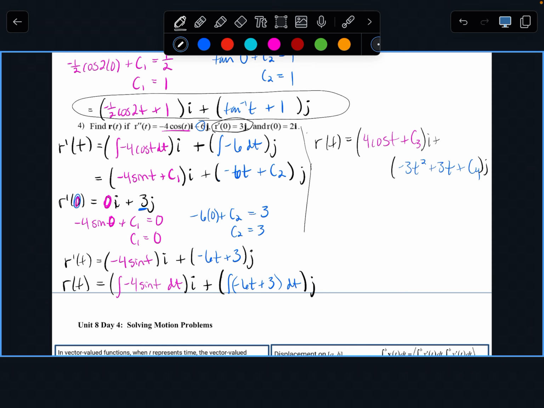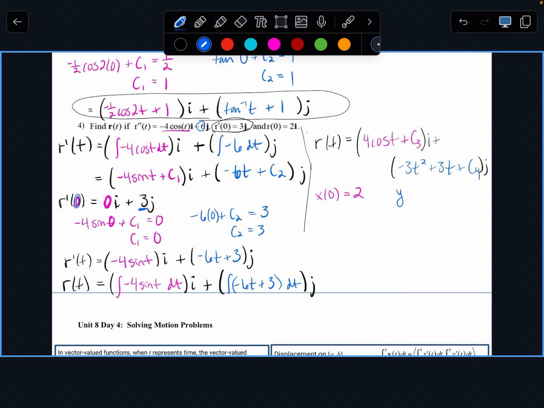And then you use the next initial condition again. Now you have a 0 for the y part, essentially. So for r of 0, that's the same thing as x of 0 equals 2.